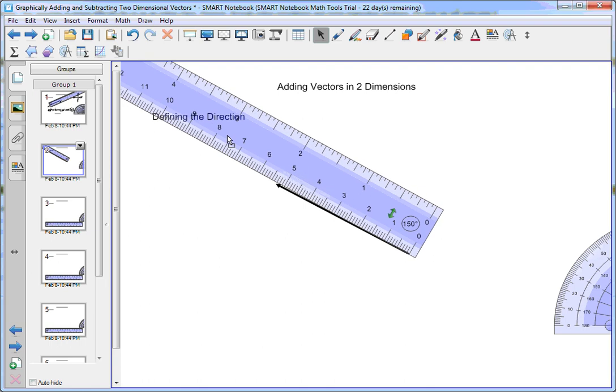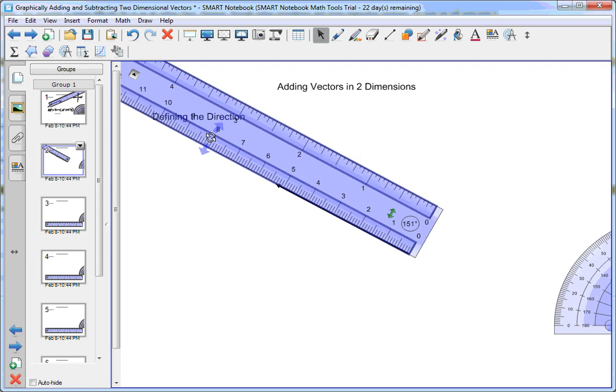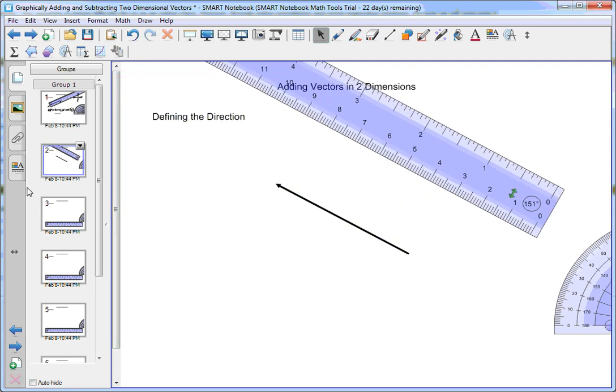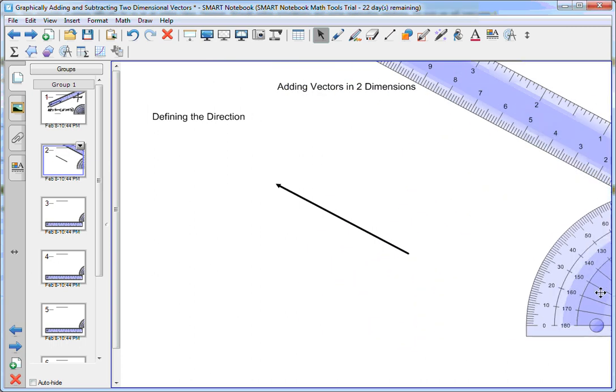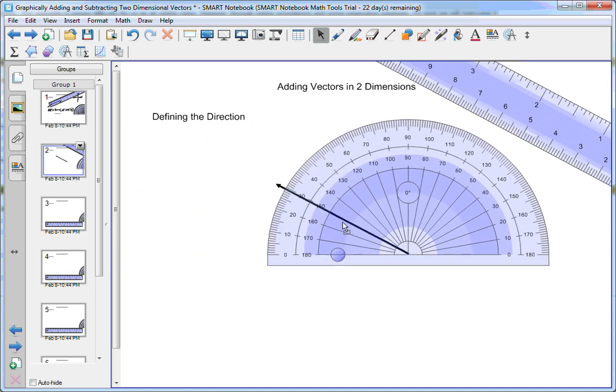And we see that it is 5.3 centimeters. And move our ruler out of the way. Oops. Bring our protractor in.